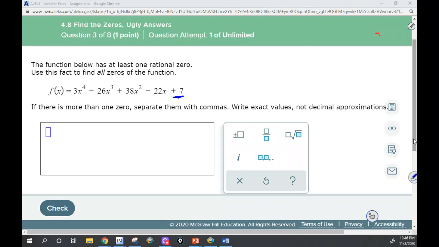That's so kind and considerate. So I have plus or minus 1 and 7 divided by plus or minus 1 and 3. So that narrows it down to plus or minus 1 and 7, plus or minus 1/3 and 7/3. You guys would like me to start with -7/3, I'm assuming?